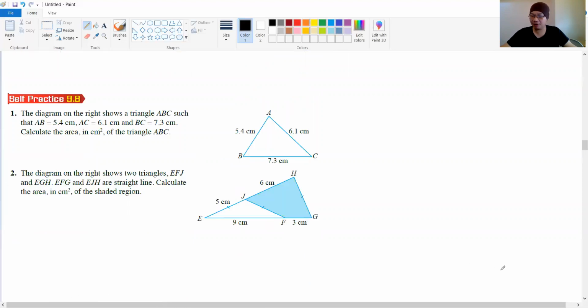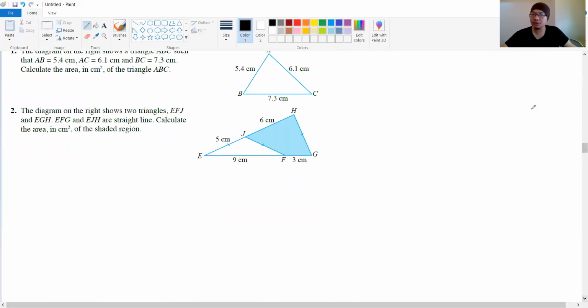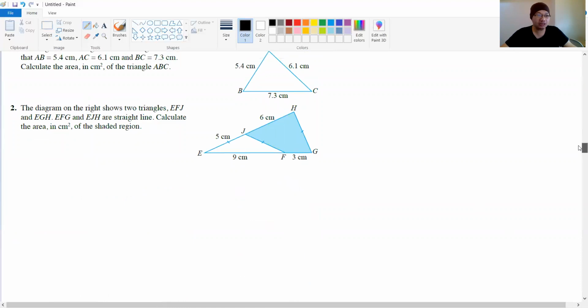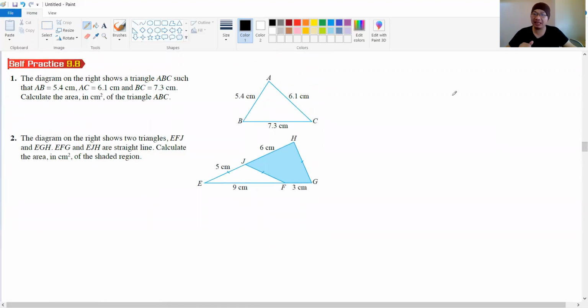Now, set practice 9.8. We have discussed everything, so for number 1, the diagram shows triangle ABC and all the lengths are given. We want to find the area, so I'm using the Heron method.